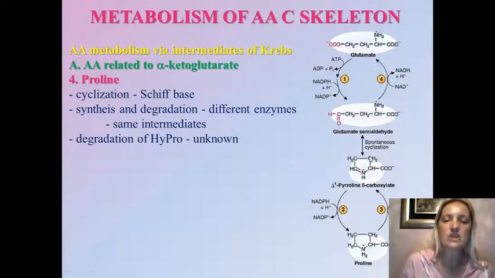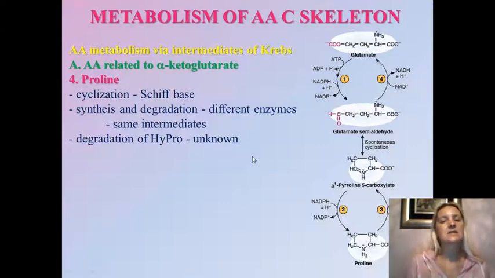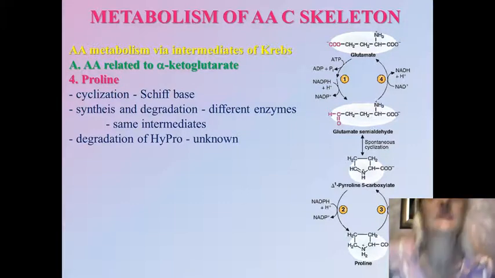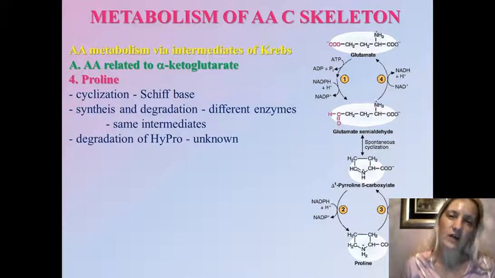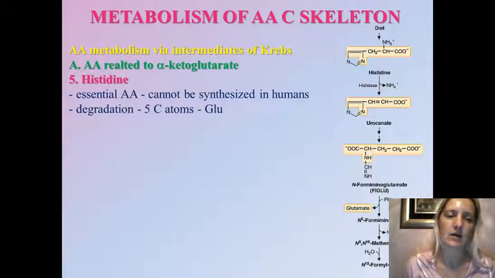Synthesis and degradation, as you can see, use the same intermediates but different enzymes. Hydroxyproline is synthesized upon hydroxylation after incorporation into the collagen molecule, but the degradation of hydroxyproline is still unknown.